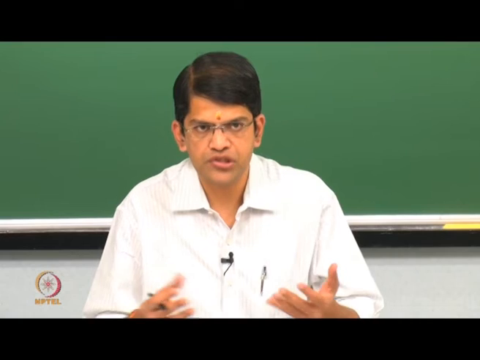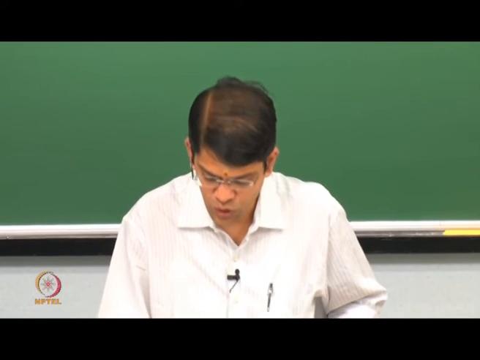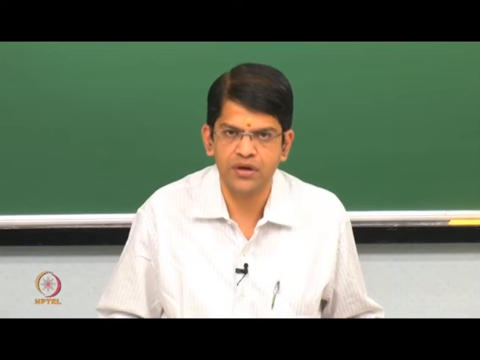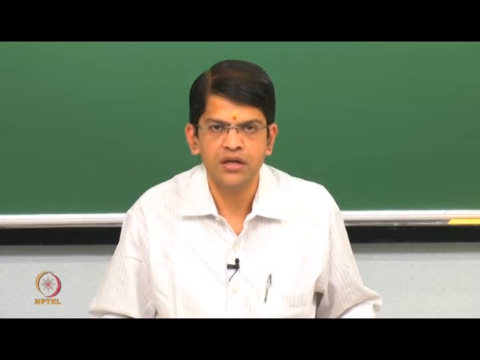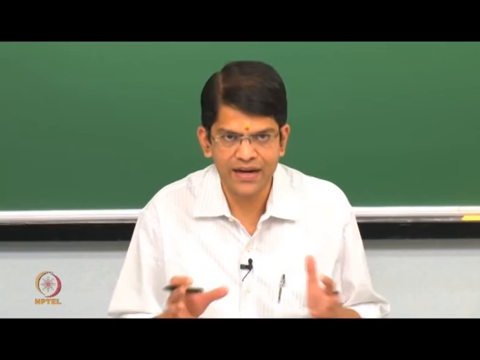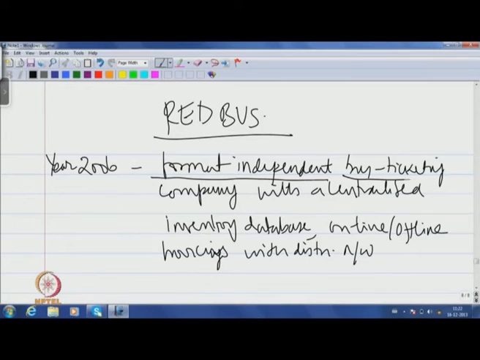So, this is how they positioned Redbus, and the key word was format independent, meaning that it could be for any type of bus operators. It could be an AC bus, non-AC bus, a sleeper, semi-sleeper, berth. So, all types of buses could be aggregated together, and it was a bus ticketing company.